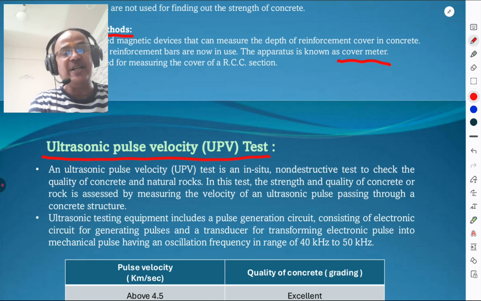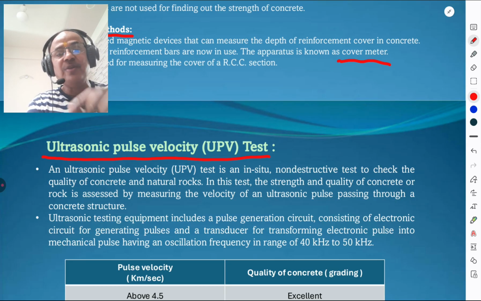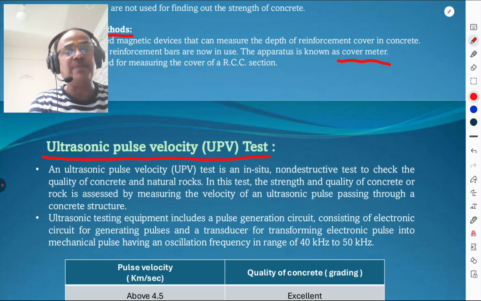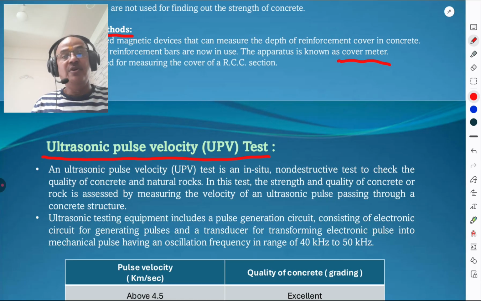Ultrasonic testing equipment involves a pulse generation circuit consisting of electrical circuit for generating pulses and transducer for transforming the electric pulse into the mechanical pulse, having an oscillation frequency in the range of 40 kHz to 50 kHz.